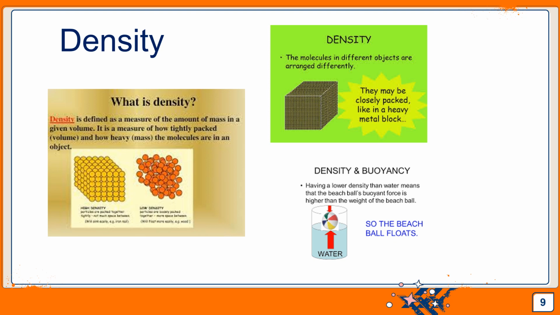It is a measure of how tightly packed the molecules are and how heavy the mass of the molecules is in an object. What does that mean? It means that molecules in different objects are arranged differently. They may be packed closely together in a heavy metal block, or it could have to do with liquid.